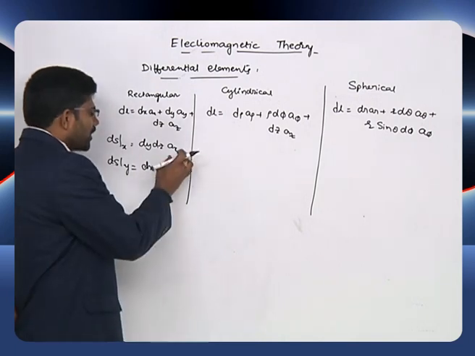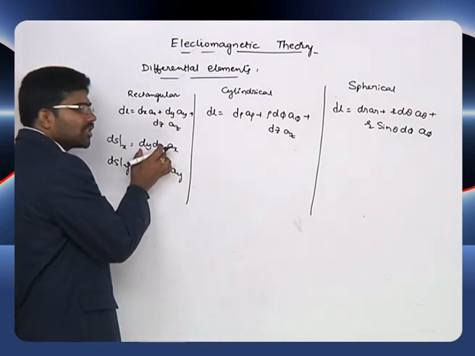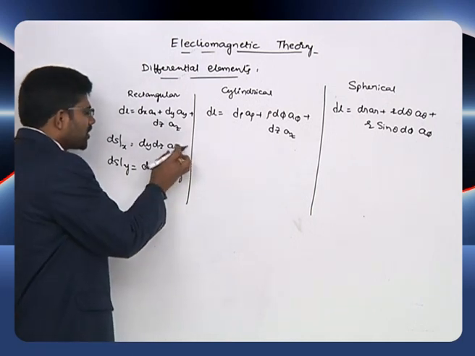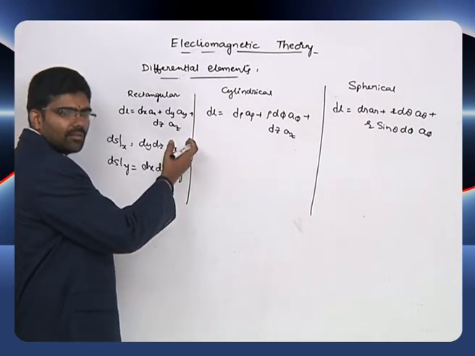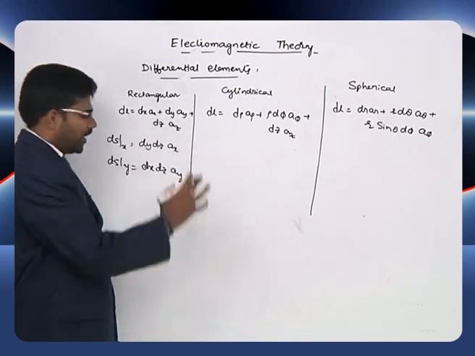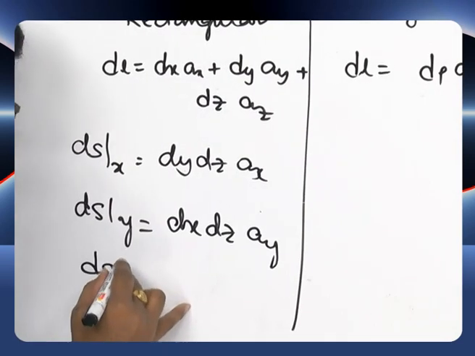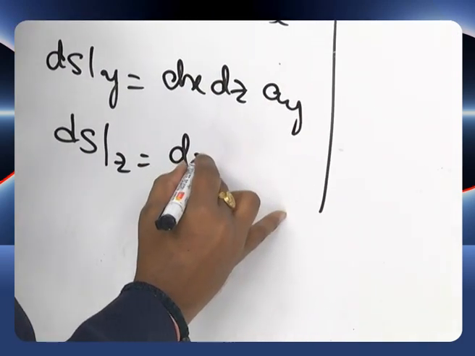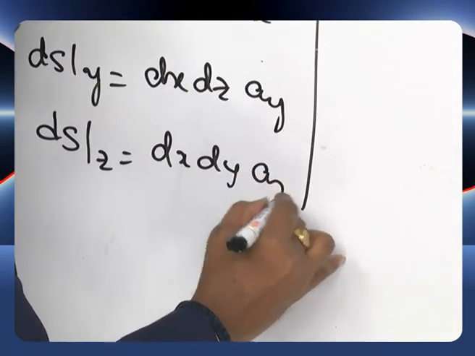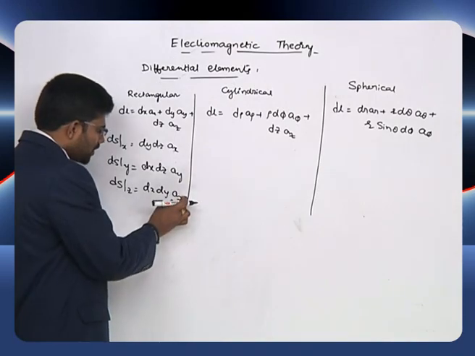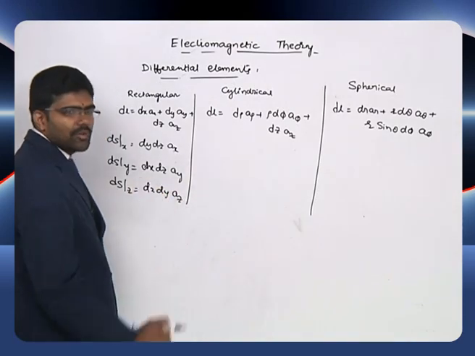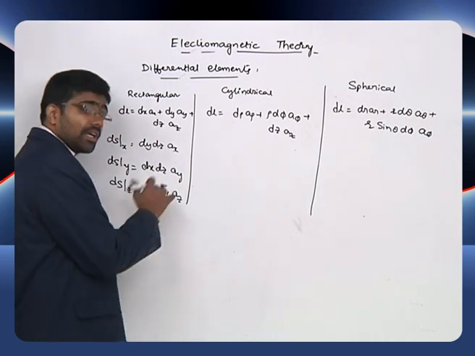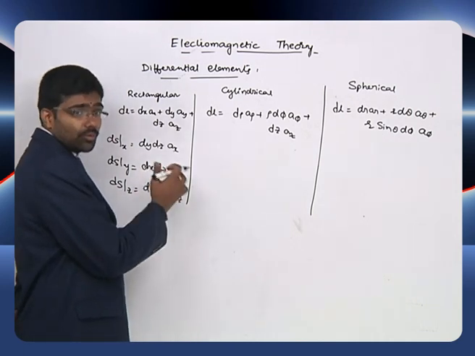And if you are considering the x direction, the differential components will exist for y and z only. You cannot find any differential element in the same x direction. Remember that point. In the same way, the differential surface in z direction you can blindly write as dx dy in the direction of z. So we can integrate with respect to x and y. That's what we need to remember.